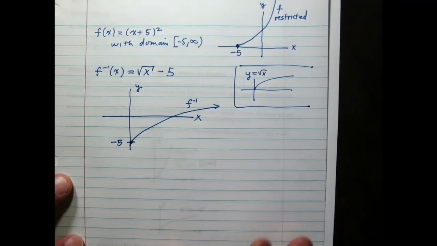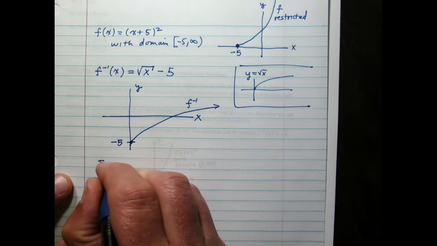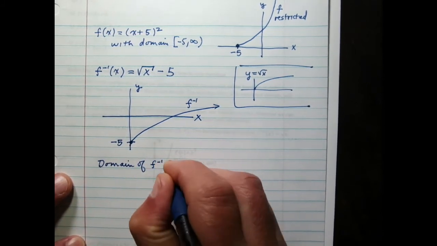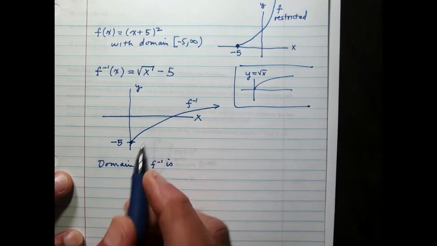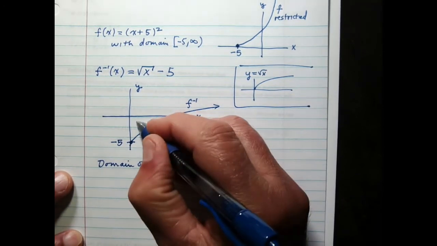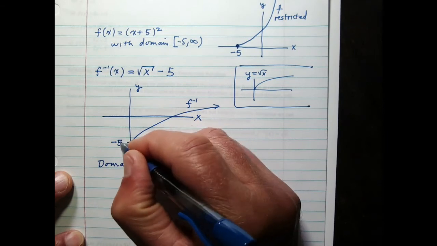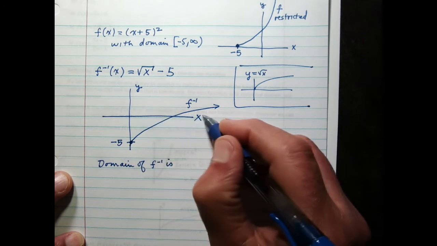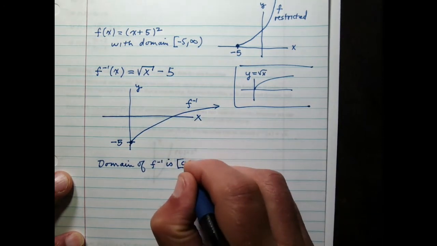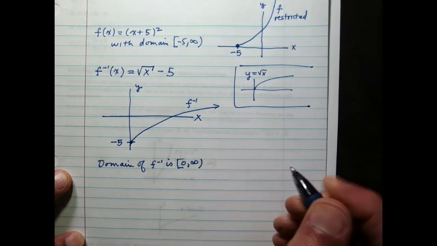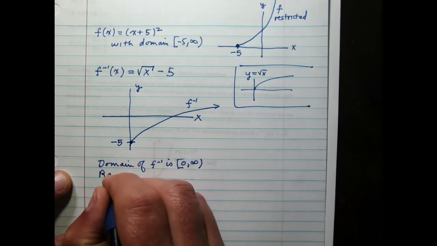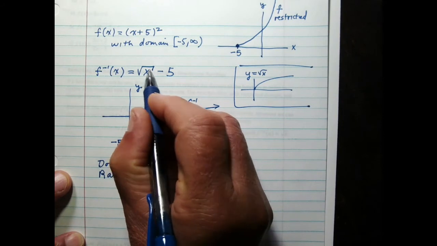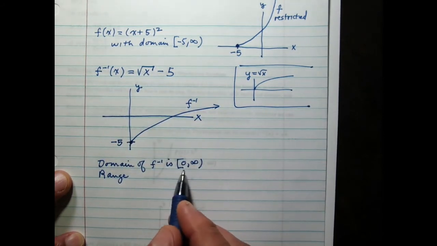Okay. And now the domain and range of f inverse. Domain of f inverse is, well, now that's x coordinates used. So it's got nothing to do with -5. I mean, we need this point, but the domain starts at 0 to the right. So for the inverse, the domain is 0 to infinity. And we could have figured that out from the square root expression, by the way, because just x is all by itself inside the square root.